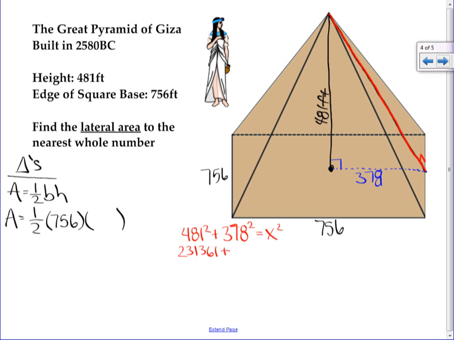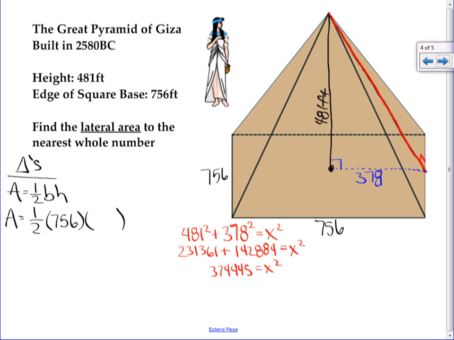Is that both of them or just this one? Just this one. Okay. Somebody else, what's this one? 142,884. Add them together. 374,240 or 45.